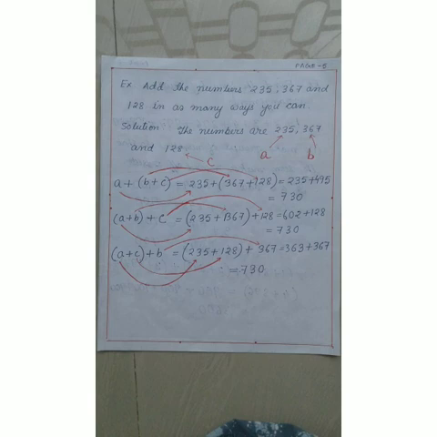In the third row, I have grouped A and C, then added to B. A is 235, C is 128 and B is 367. A and C if we add, we get 363, plus 367, that is also 730.